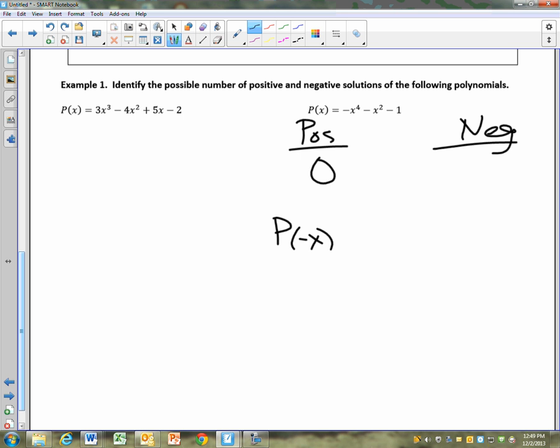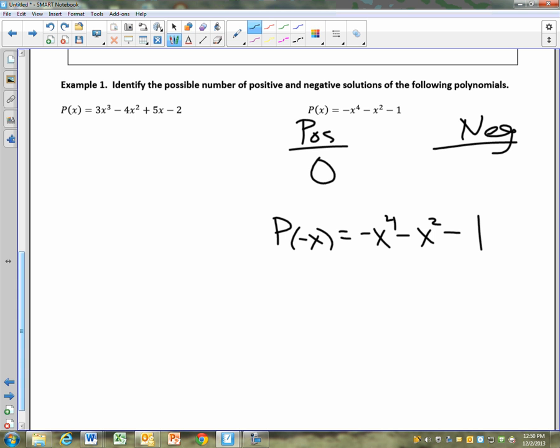Let's look at p of negative x. Negative x to the fourth is going to be positive x to the fourth, then make it negative x to the fourth. If we take negative x and square it, we get x squared, and then the minus sign makes it negative. We have the minus 1. So when you plug in a negative x, you get that result.